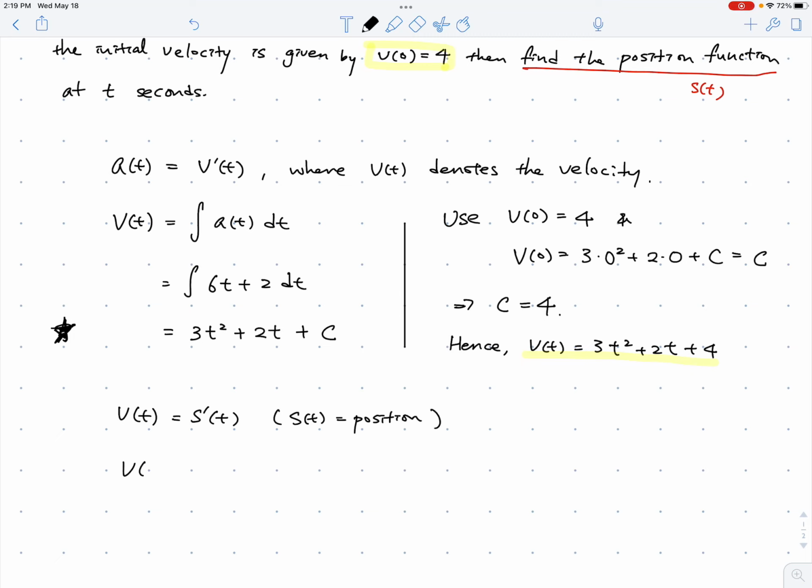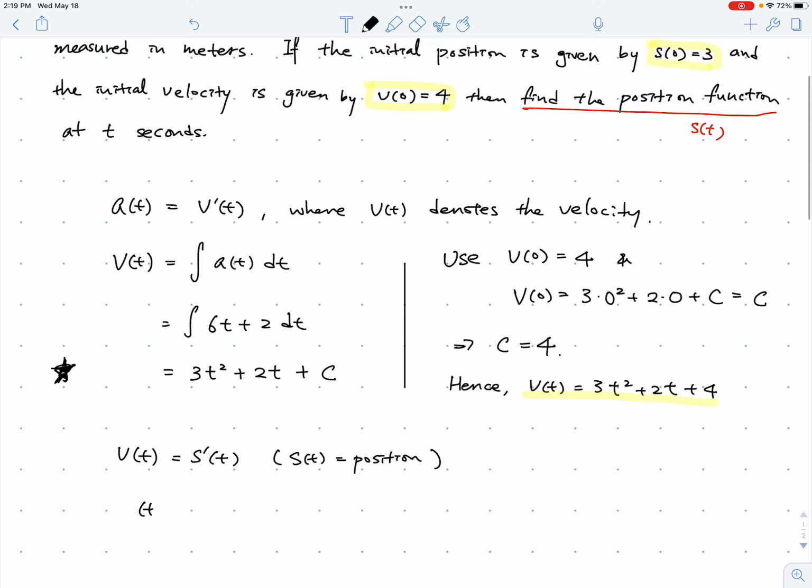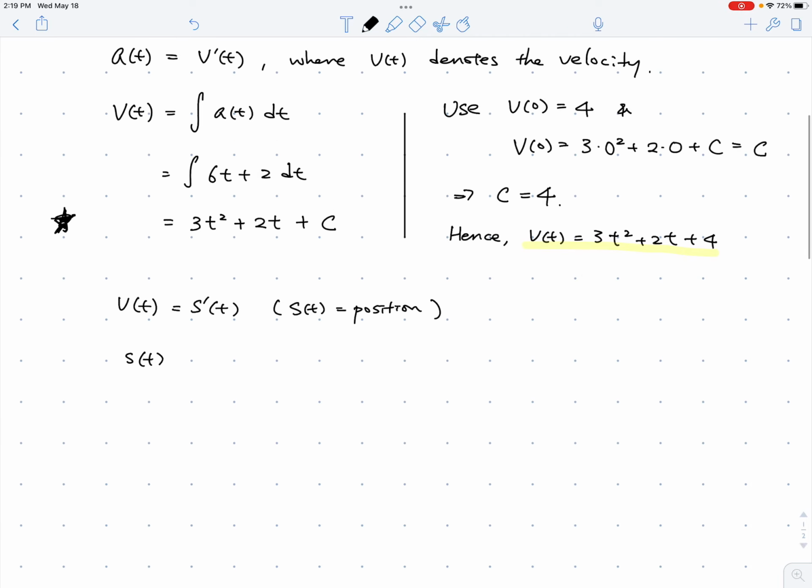Then we have s(t) being an antiderivative of the velocity. We just found the velocity, so just plug that in: the integral of 3t² + 2t + 4 dt. This gives you t³ + t² + 4t plus another constant. We've used the C, so let me use K here.